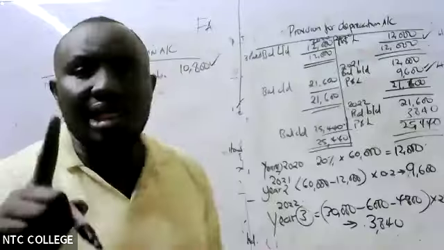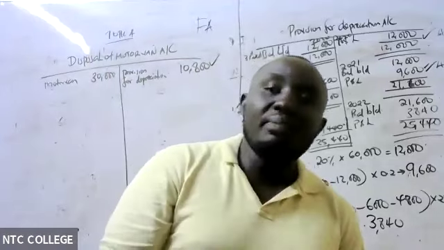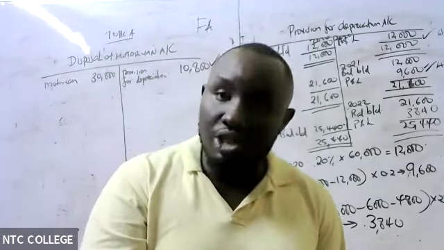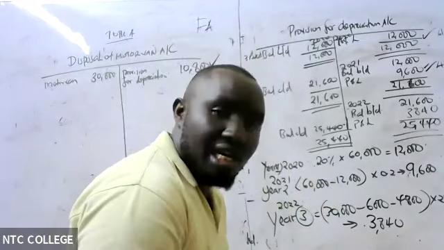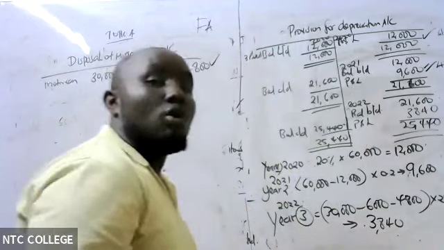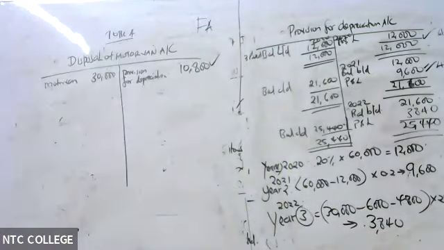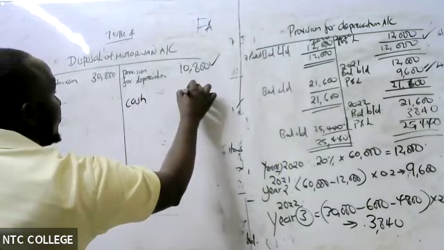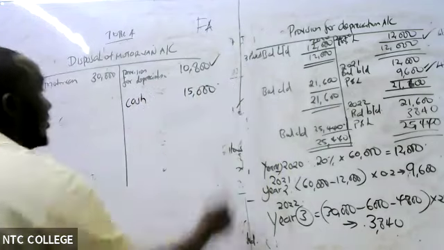The third entry, we are saying that when we are receiving the cash, remember we received the cash of 15,000. We are going to debit cash account because money has come in, and we are going to credit what? We are going to credit disposal account. So we credit disposal account with a cash of 15,000.